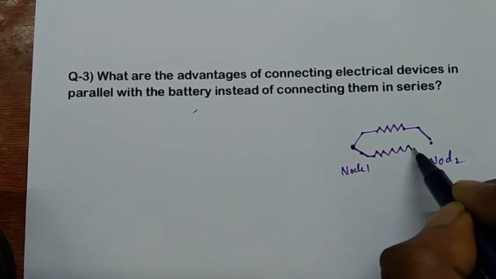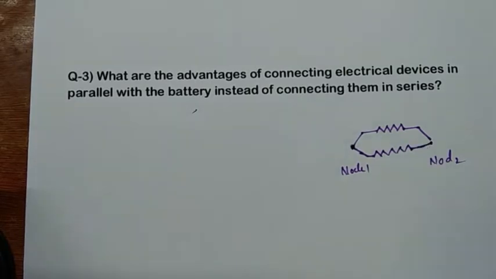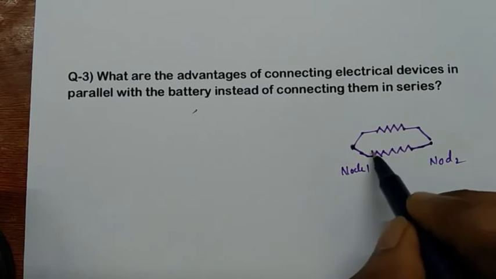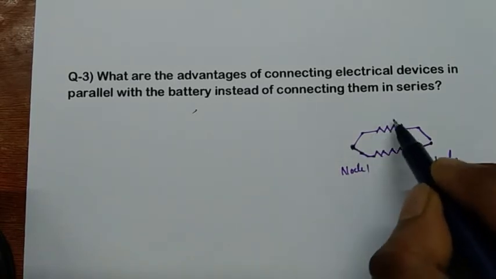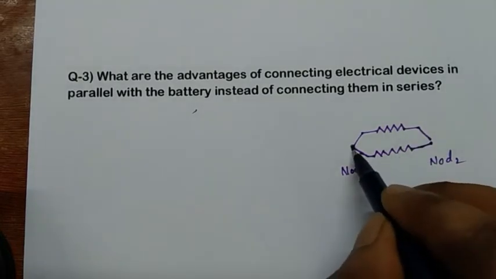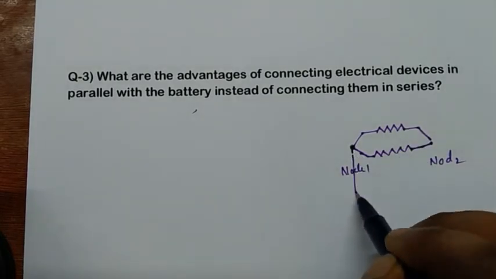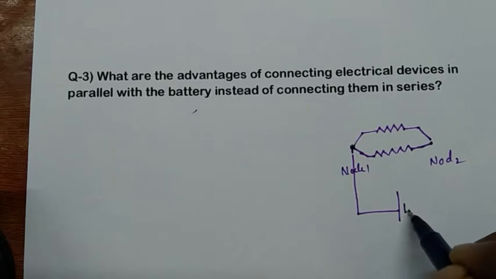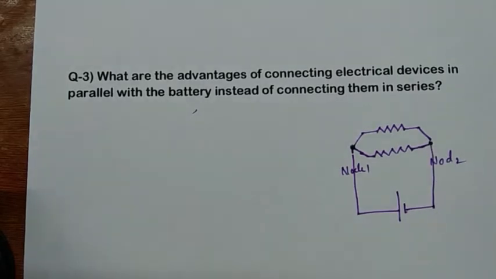Both are connected to the same nodes, and I give the connection to a DC source like this. Now this is a circuit with the resistors connected in parallel.